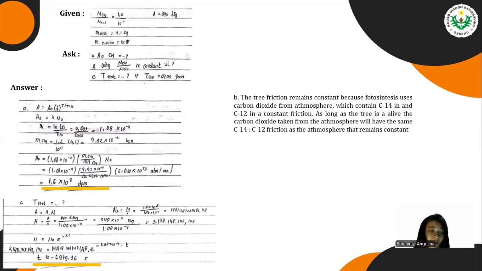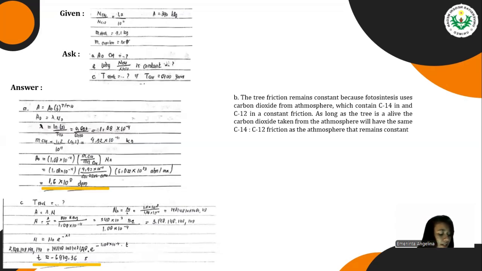And the problem asks: A. The initial activity of C-14, B. Why N of C-14 over N of C-12 is constant, and C. The time or the age of the stick, if the half-life of C-14 is about 6,400 years.